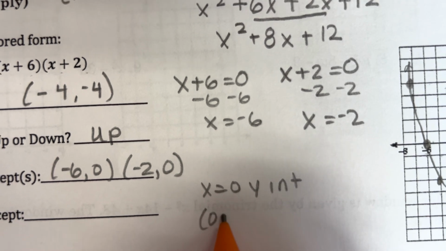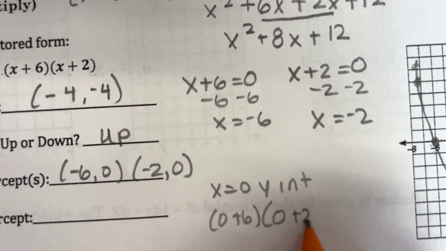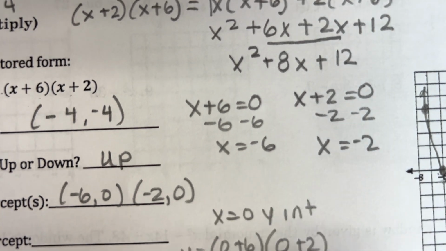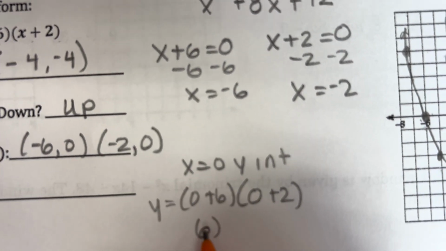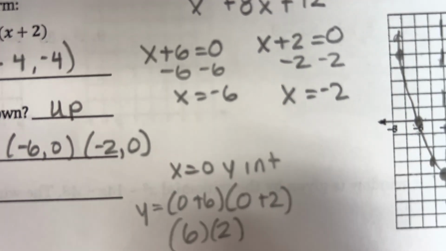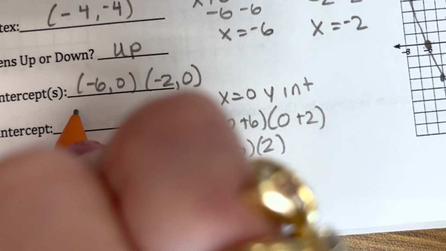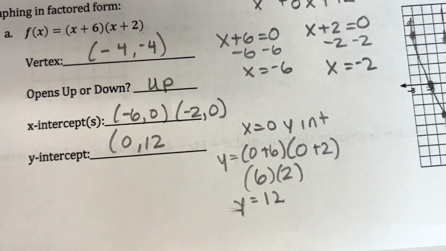So we have 0 plus 6 times 0 plus 2. So what do we have? We have 6 times 2, which is 12. Write it as a coordinate: 0, 12.